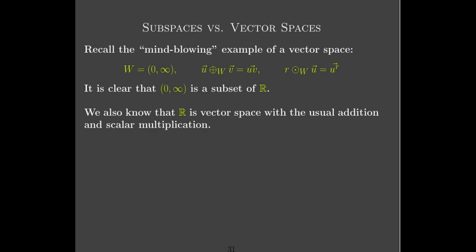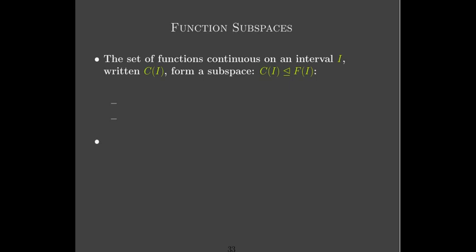We can consider it R1, a Euclidean space, with the usual addition and the usual multiplication, which is different from this very odd one. So that means that W, considered as a vector space on its own, is not a subspace of the Euclidean space R1.